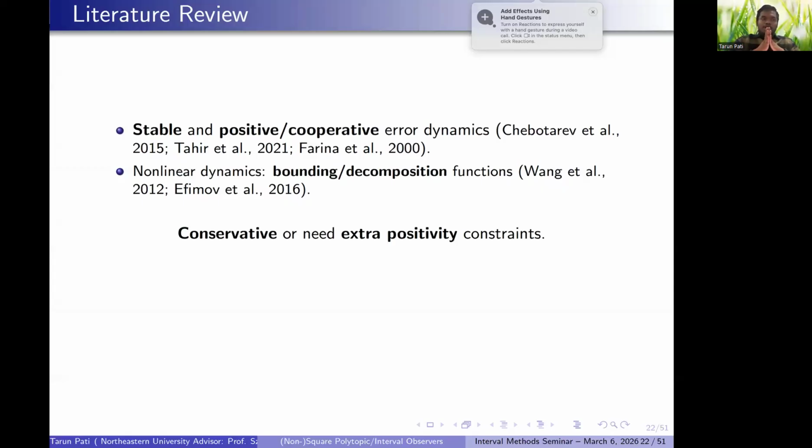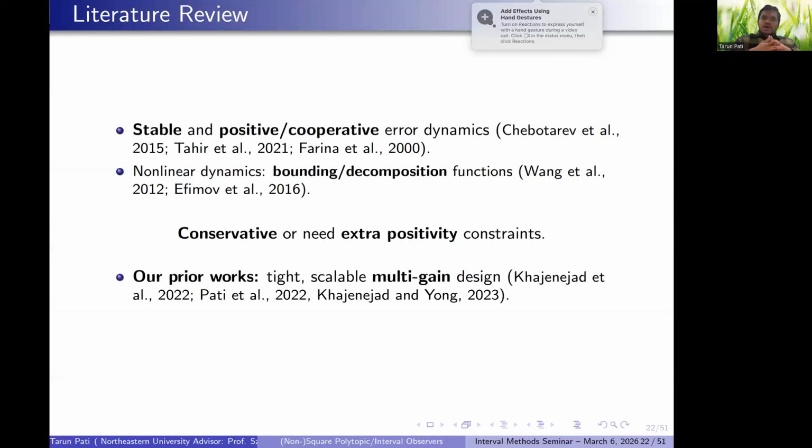As I've said, most methods on interval observers need either extra positivity or cooperative constraints, which can lead to extra conservativeness. So our prior works try to reduce this conservativeness by designing interval observers such that by construction they are positive or cooperative.